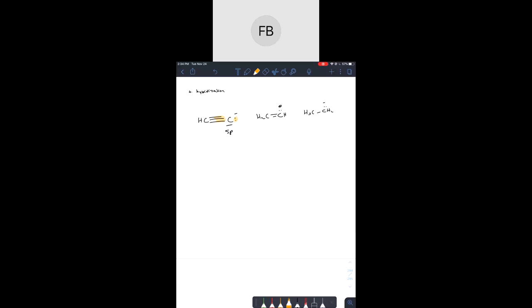Since it only has two areas of electron density, it's sp. Now, moving on to the second example, this one has one area of electron density from the double bond, another area of electron density between it and the hydrogen, and I'm going to draw this out, and then a third area of electron density in the lone pairs.